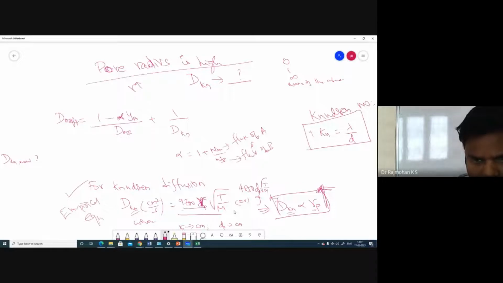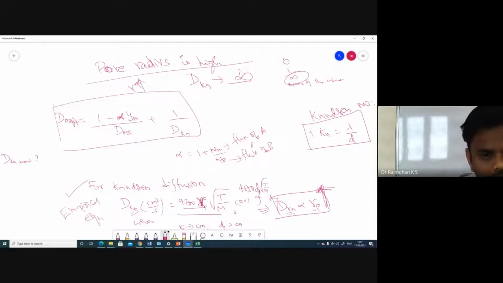Okay, so what could be the answer? When r is increasing highly, we are going to have Knudsen diffusivity to be infinity. So if Knudsen diffusivity is infinity, what will happen to D effective? Here we have an inverse infinity.